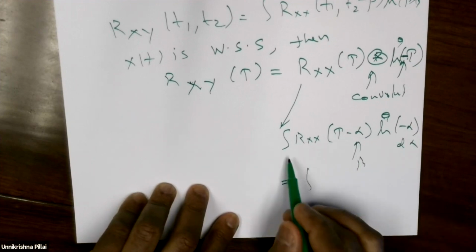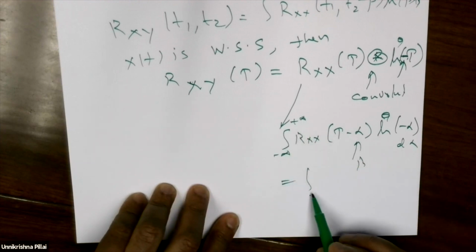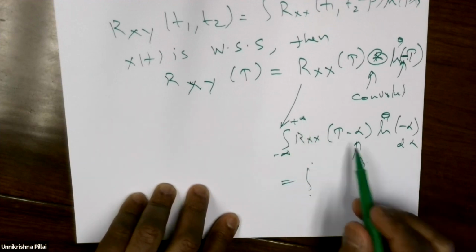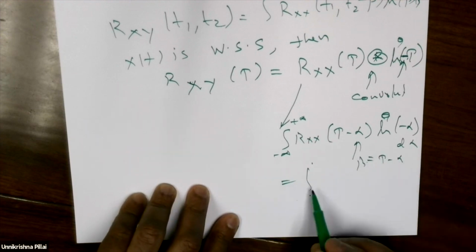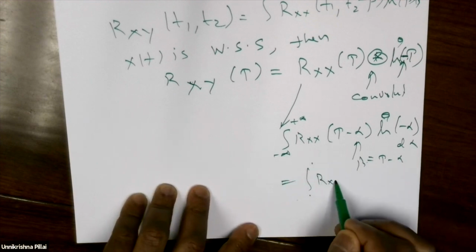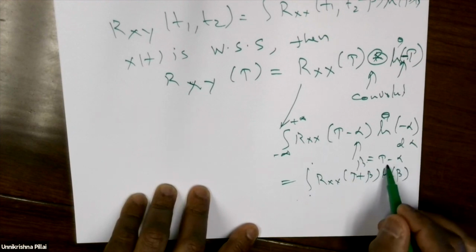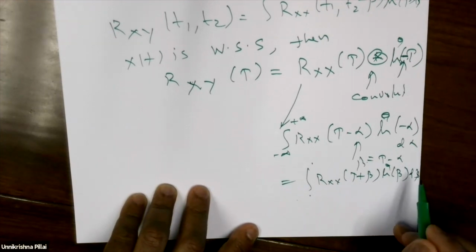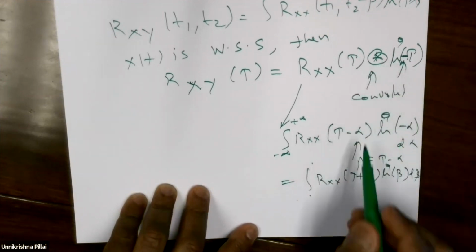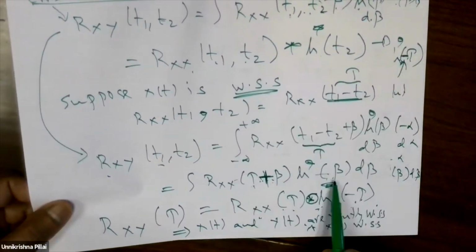You will see that the limits, if it was minus infinity to plus infinity, will change to plus infinity to minus infinity, but beta is tau minus alpha, so d alpha is minus d beta. So again the limits will flip back and you will get Rxx(tau + beta) multiplied by h star(beta) d beta. And that's what this is. Remember, that's what we had before here, tau plus beta, h star of beta, so you can write it like this.